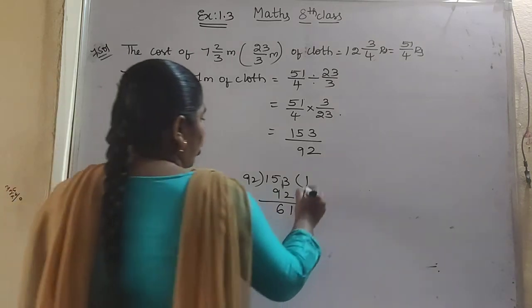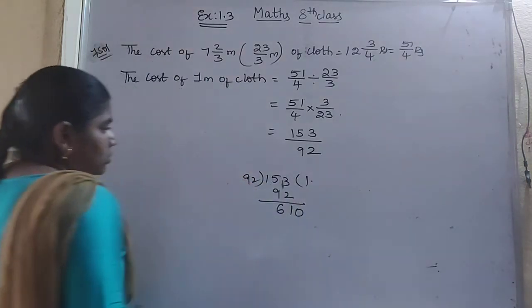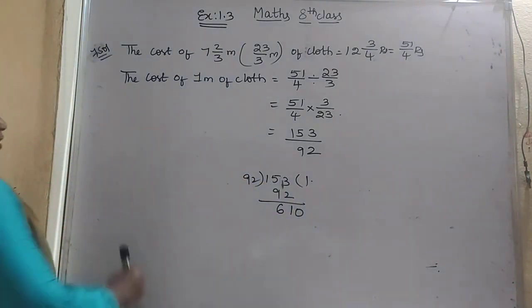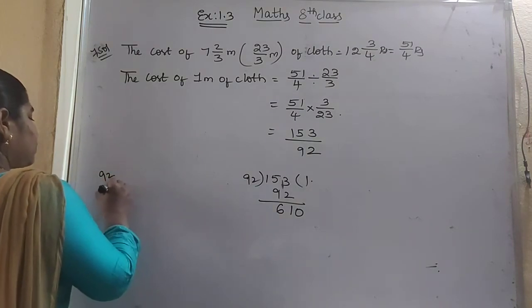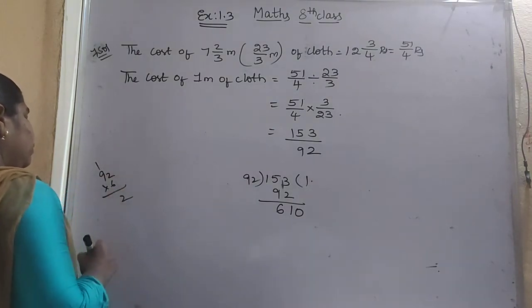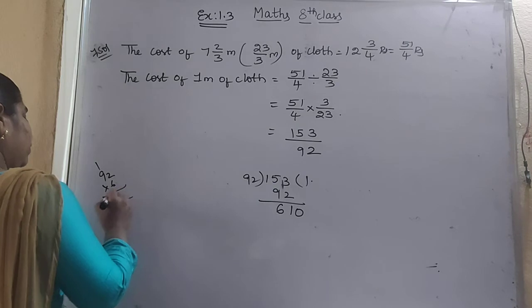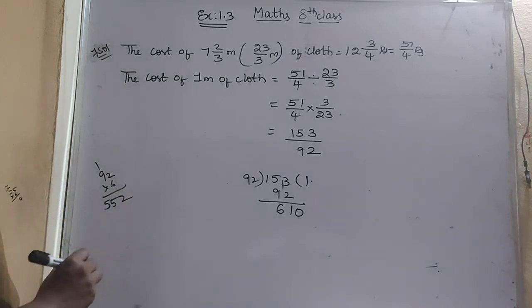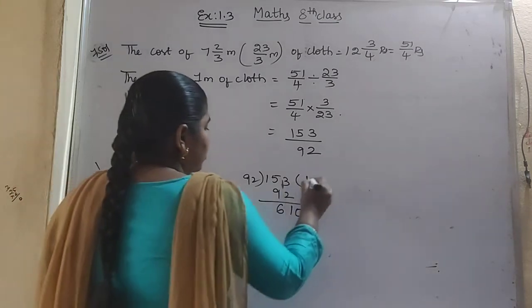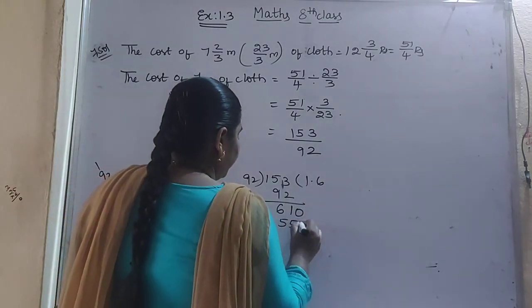6, then 0. So how many times can we take? Try 6 times, we will see. 6 nines are 54, 55, that is 552. So 6 times is 552.